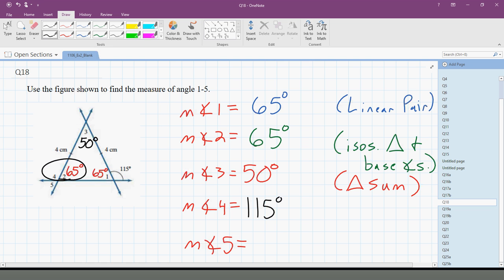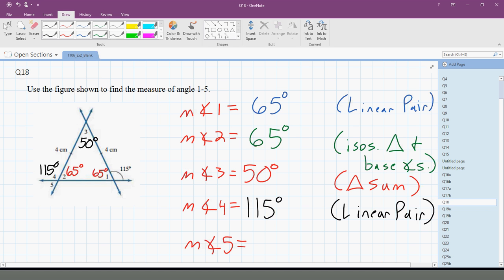Congruent. No. Not congruent. Linear pairs. We love our linear pairs. All right. So that's good. So we now know that this guy right here is 115 because it was a linear pair.